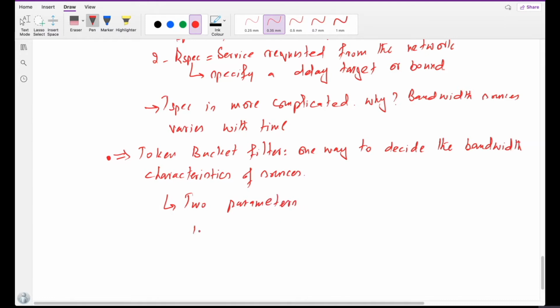Number one, token rate, say R, and number two, a bucket depth, say B. We will be using these two parameters to see how it works.